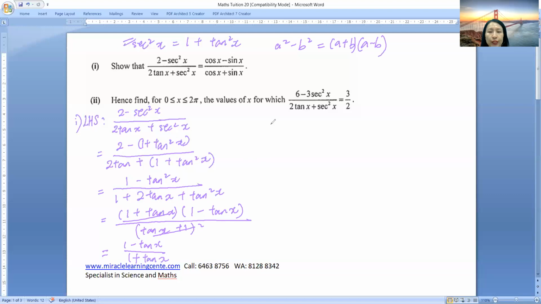Okay, let me continue over here. So tangent x we know is sine x over cosine x. So you substitute it inside here. So we actually have 1 minus sine x over cosine x, divided by 1 plus sine x over cosine x.